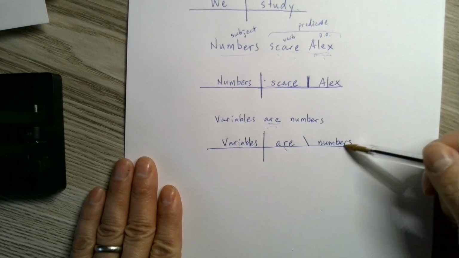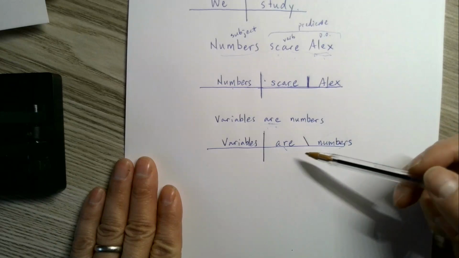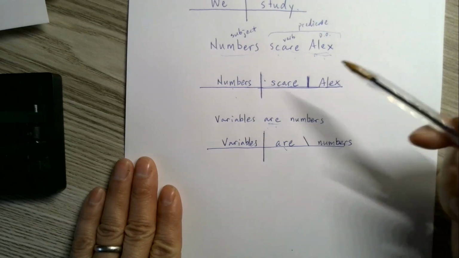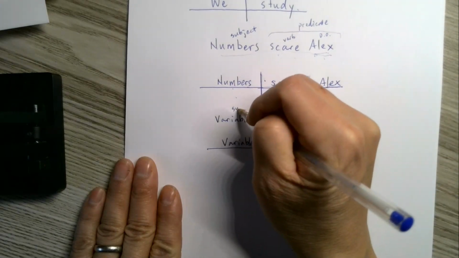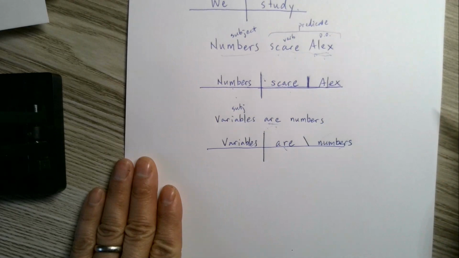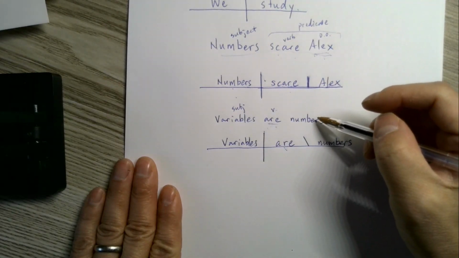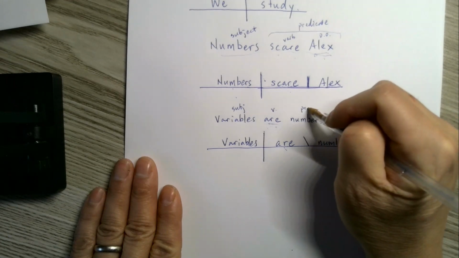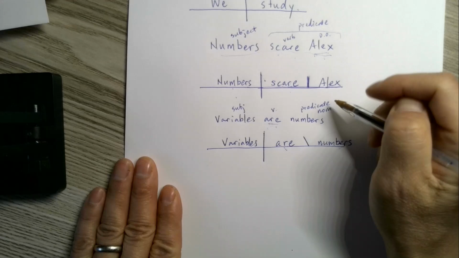But this is not a direct object. The variables don't are something, like the numbers scare something or someone. So while this is the subject in this sentence and this is the verb, numbers is not a direct object, it's a predicate nominative.